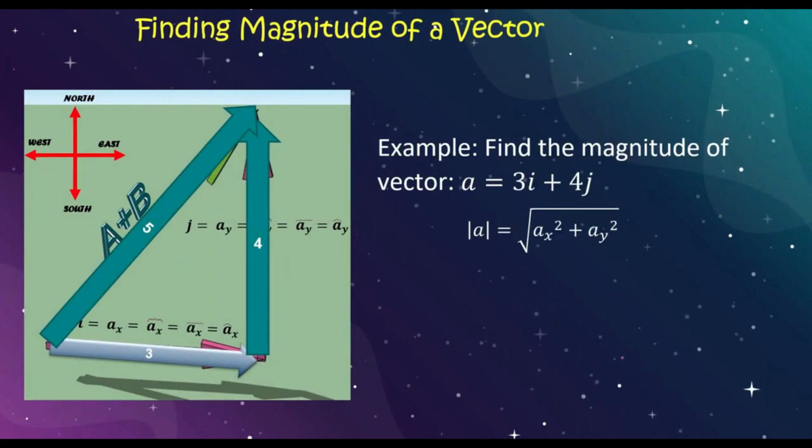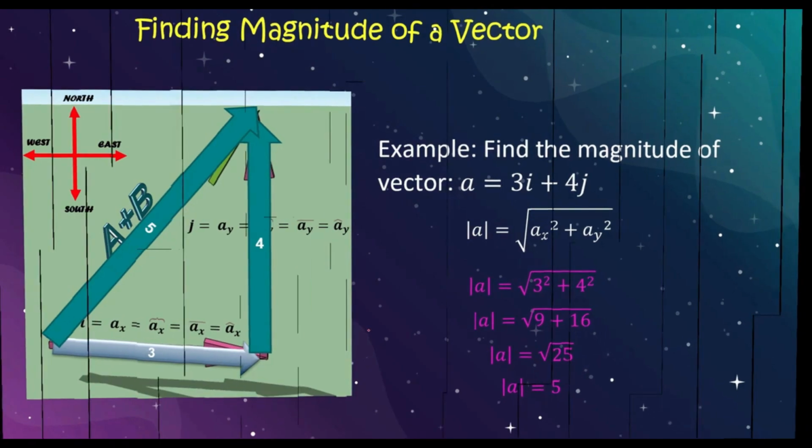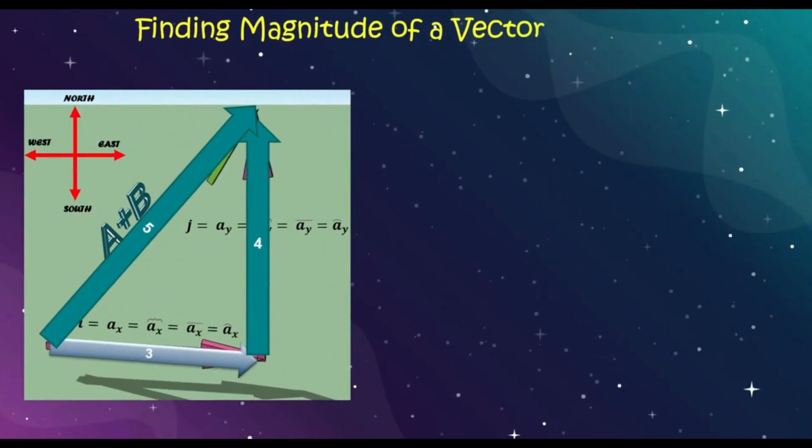So we will get square root of 3 square plus 4 square. It will give us root of 9 plus 16. It will be root 25 and the value of A will be 5. So if my x component is 3, y component is 4, then the resultant will be 5. The same we can get with the use of Pythagorean rule. Like this we can find out the magnitude by taking square root of all involved directions.